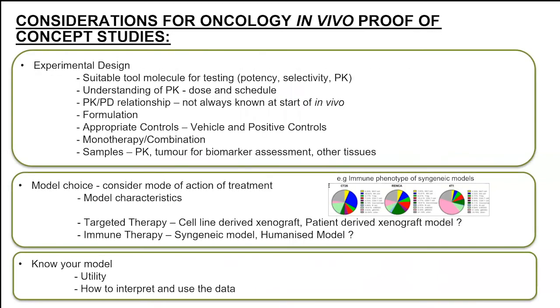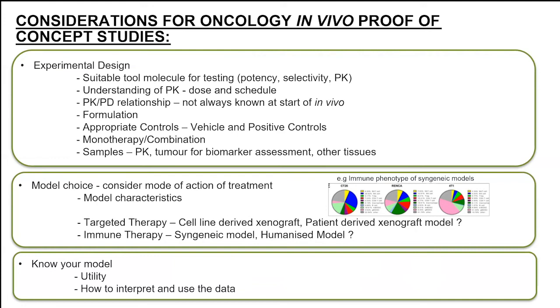So in terms of what you need before embarking on that proof of concept in vivo study, there are some things to consider, and I just wanted to pull out some things to think about. For experimental design, you need a suitable tool molecule for testing.